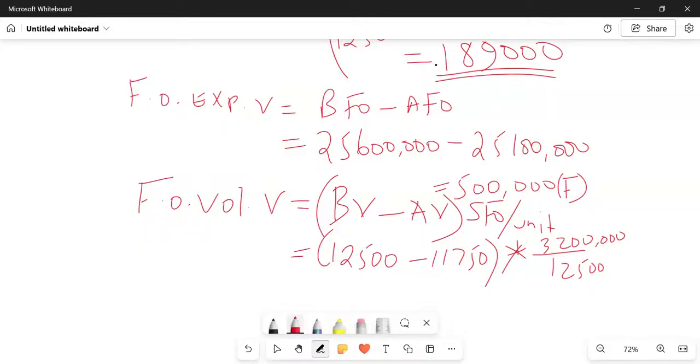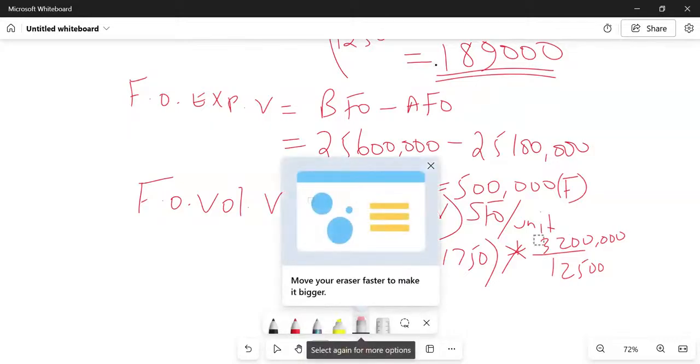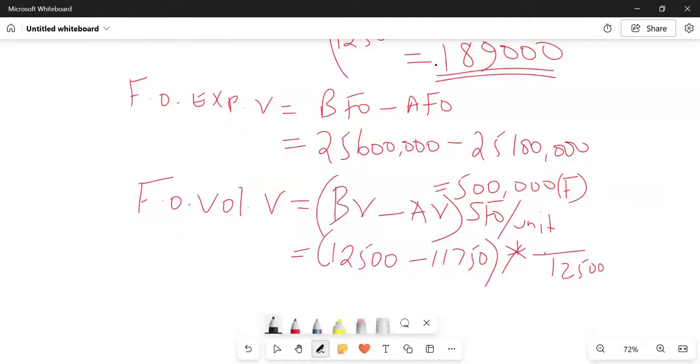What do we have there? What is the budget for fixed overheads? 25,600,000.